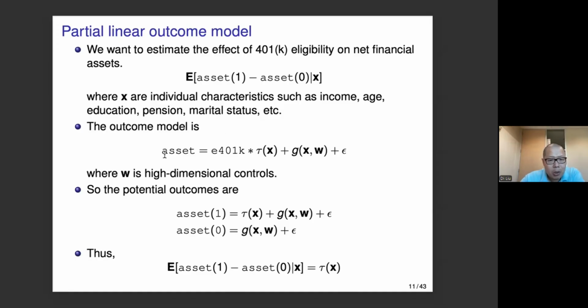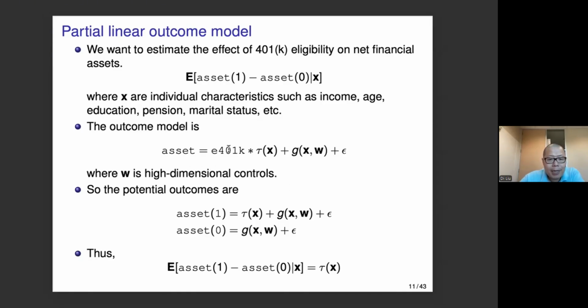The outcome model is: the outcome equals e401k, which is a 1-0 binary variable indicating treated or not treated, times some function tau(x). I will explain what tau(x) actually is later. Plus some control function g(x, w), plus some error term. Here w is the high-dimensional controls.